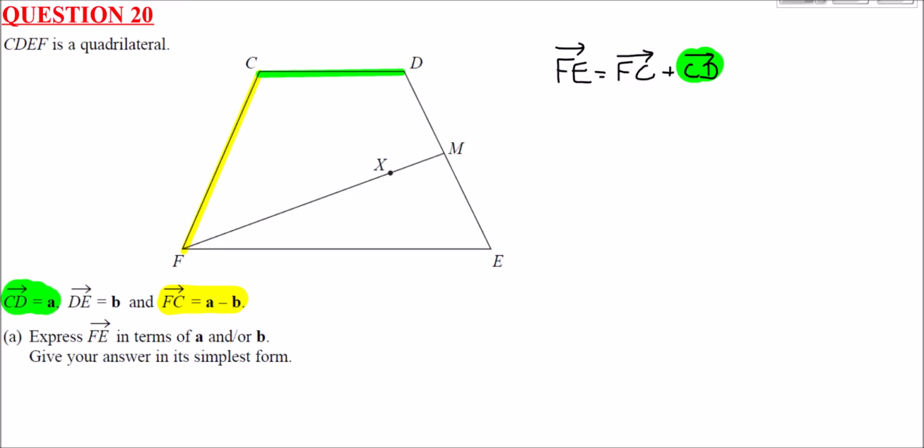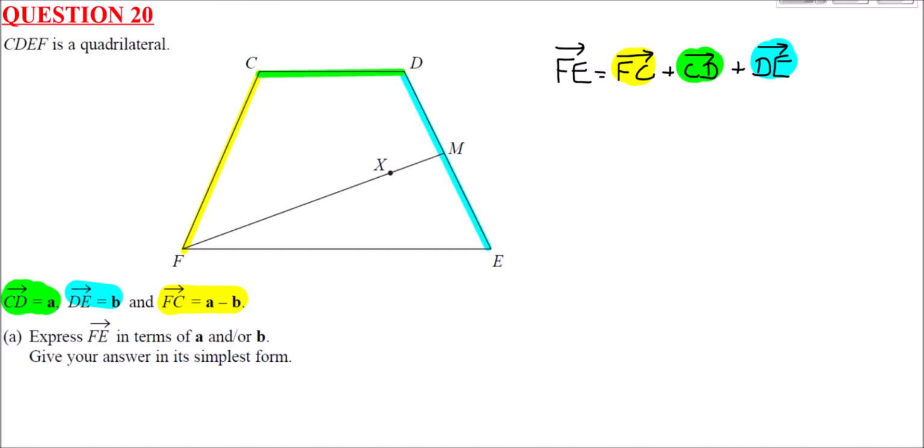CD is A, just as we were told that FC is A minus B. And then once we've got to D, we can go from D to E. So using this detour, we've gone from F to E by going up and around. The final thing, once we get to D, is to go from D to E. And again, that's fine, because we're told what D to E is.